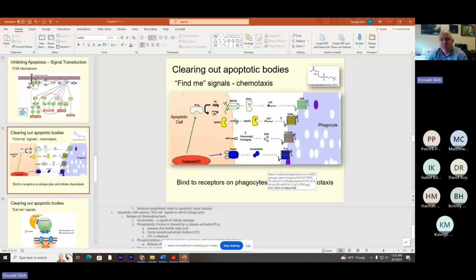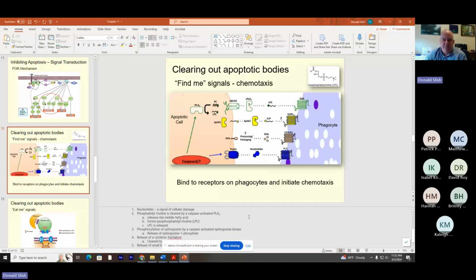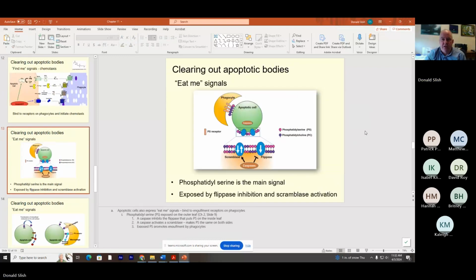Sphingosine is another membrane lipid that gets phosphorylated and released. And then this is fractalkine, I think, which is a cytokine, another attractant, and nucleotides can get released. So basically, these things are going to activate receptors on the surface of the phagocyte, cause amoeboid movement, and movement towards those apoptotic bodies.